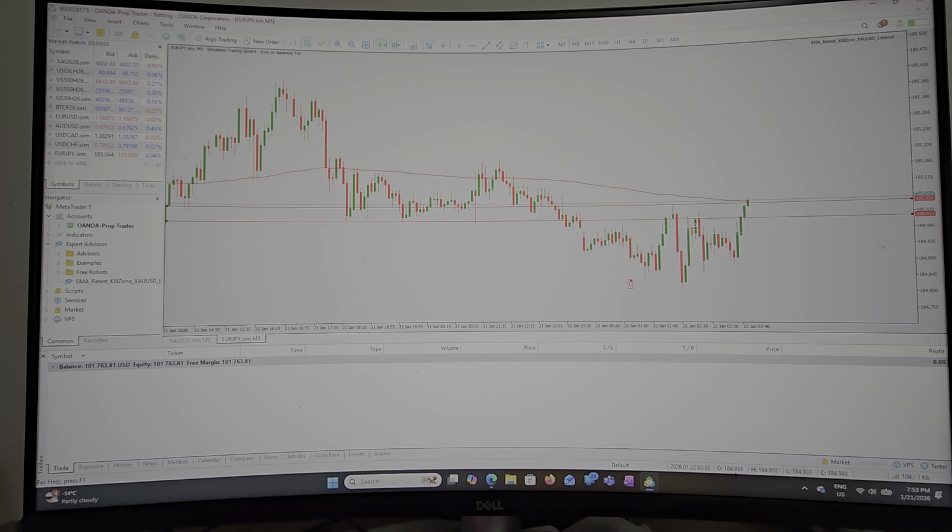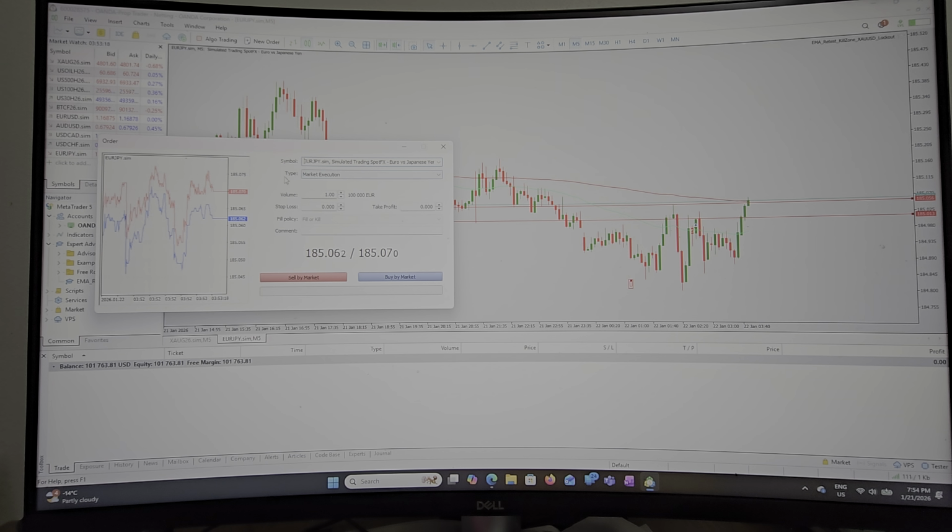Before I was putting my sell limit order on this trade, the price was already around here. The setup is annoying me.